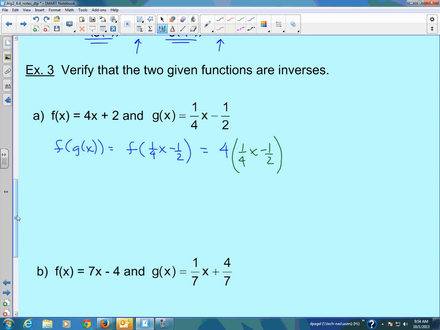And then I still have this plus 2 that would happen on the end. Well, carrying through with our problem, 4 times a fourth is just 1, and 1 times x. And 4 times negative 1/2 is a negative 2. And then a plus 2, we see that those two cancel. And so we get f of g of x is equal to x. That's good.